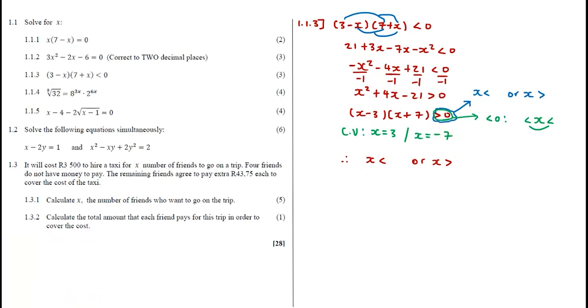We put in the smallest critical value on the one pointing to the left, which is in this case minus 7, and then the biggest critical value on the one pointing to the right, right? So if the question was like this, we would have put the minus 7 in this part, which is the smallest one, always on the left, and then the biggest one always on the right. So that is basically how we answer our 1.1.3.